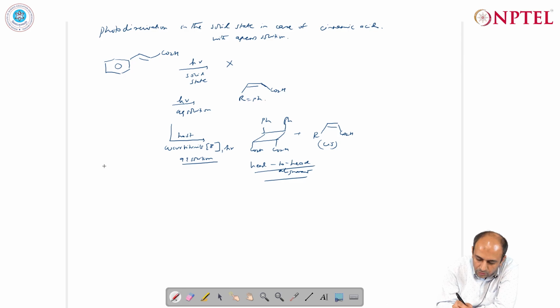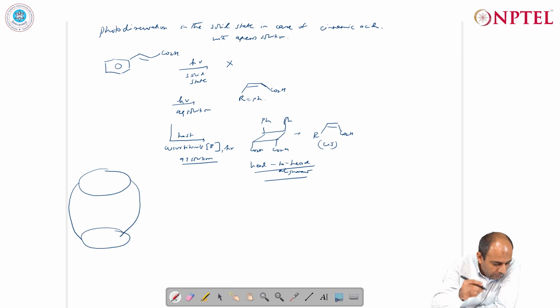Let us look at this. So we have got this barrel-like structure, and we will now bring in the carbonyl groups which are present on the cucurbiturils, and we have now our reacting molecules.